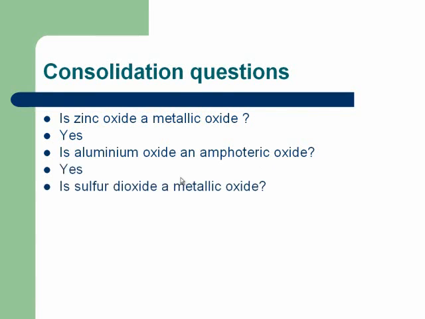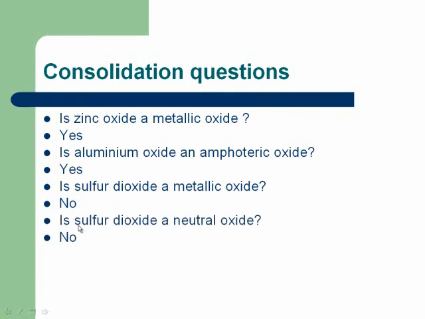Is sulfur dioxide a metallic oxide? No, because you see sulfur is a non-metal. So how can a non-metal form a metallic oxide? Is sulfur dioxide a neutral oxide?